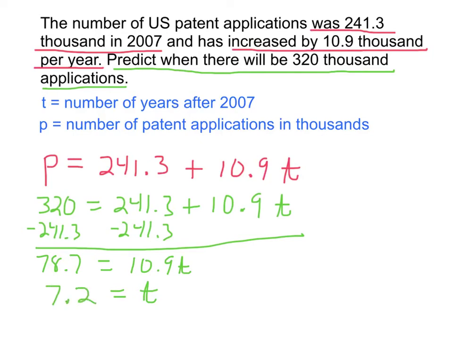I rounded that a little, but roughly 7.2. And so that means that 7.2 years after 2007. And so if we add 7 to 2007, that would be the year 2014. So it would be during that year, 2014.